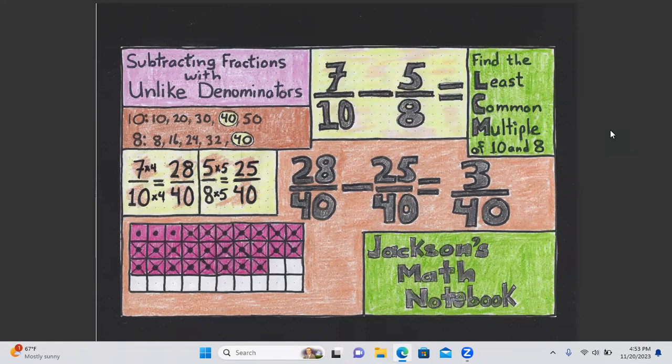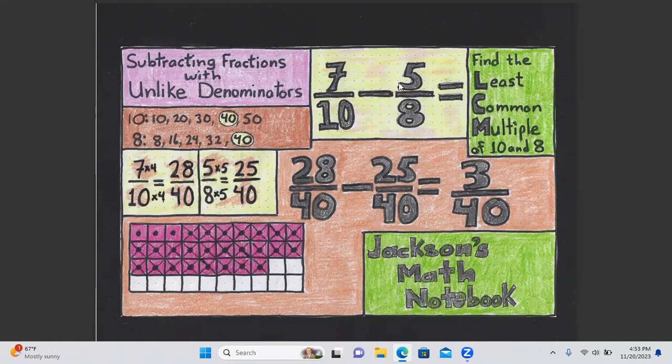I would like to prove that to you by first counting by the two denominators. For 7/10, 10 is the denominator, so let's count by 10. 10, 20, 30, 40, 50, and so on, even up to 80 if we like. Now let's do the same thing with 5/8, because 8 is the denominator.